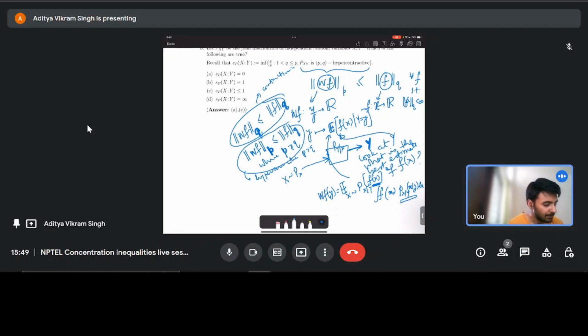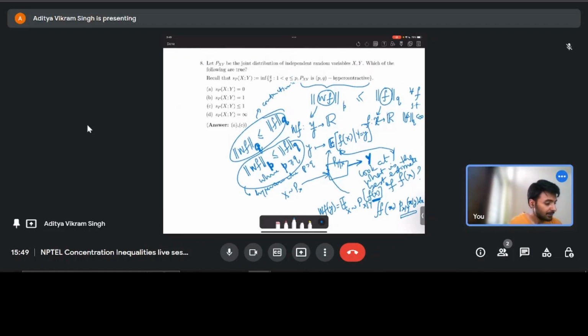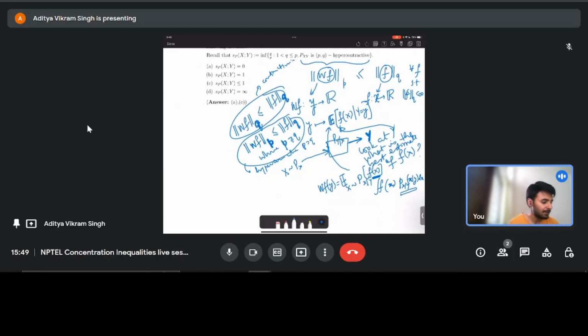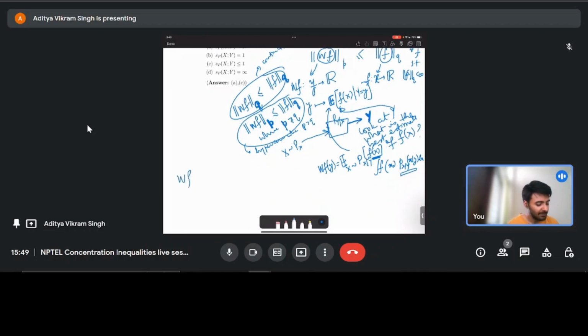So now let's see what we want to find. x and y are independent random variables. What would that mean? Wf of y is the expected value of f of x given y equals y.